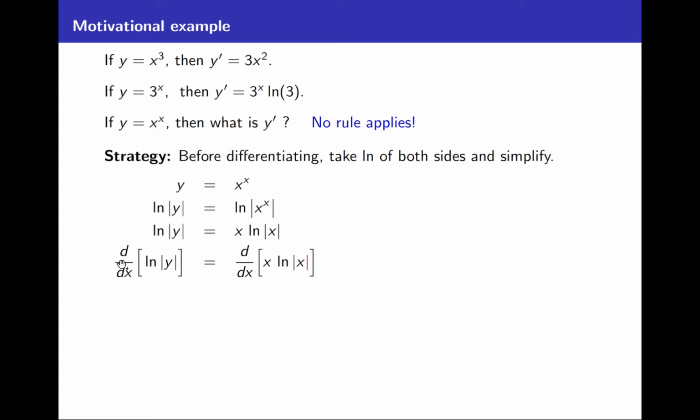So right here on this side, we're doing implicit differentiation, the derivative of ln of a function of x. And we know from the previous slide that that derivative is y prime over y. It's the derivative of the function y divided by y. That's just our rule for the derivative of ln of g of x, g prime of x over g of x. So that's the left-hand side.